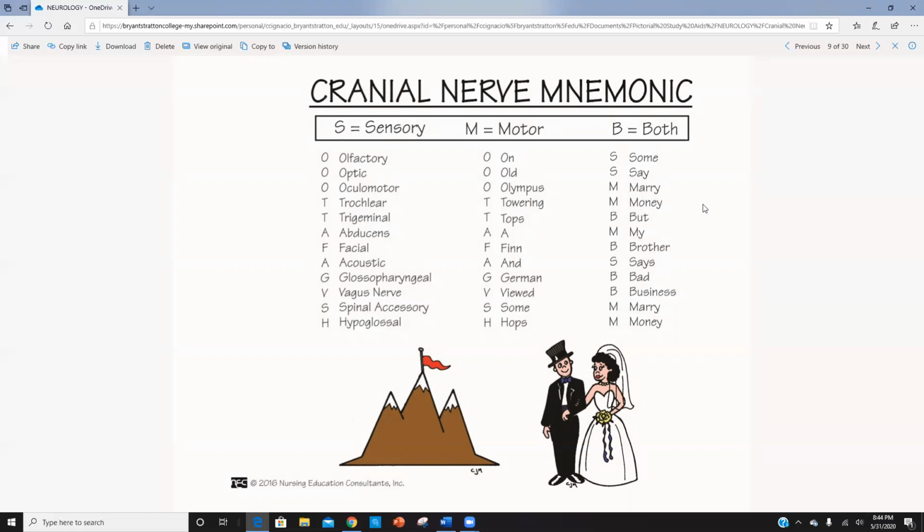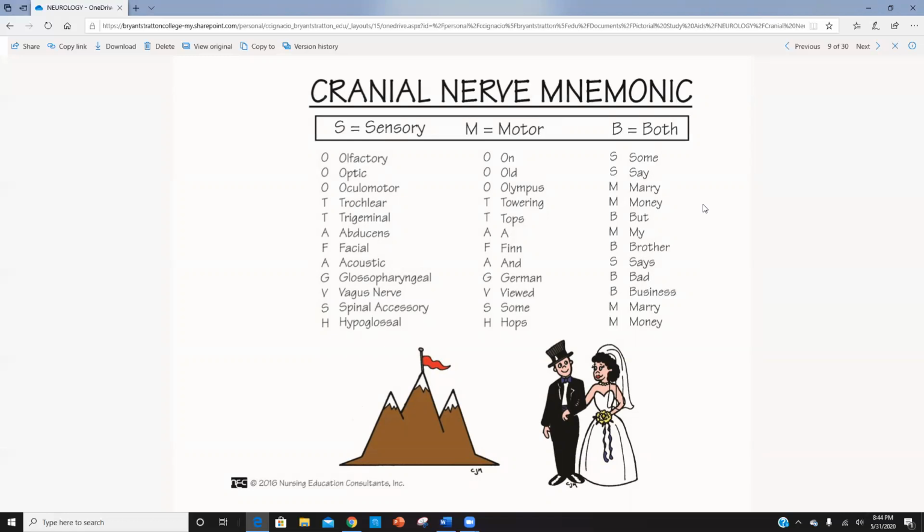Cranial nerve number 4 is trochlear. It's a motor nerve and it controls the eyes. Cranial nerve number 5 is trigeminal. It is sensory for the face, motor, and also controls chewing. Cranial nerve number 6 is the abducens nerve. It's also a motor and it controls the eye.